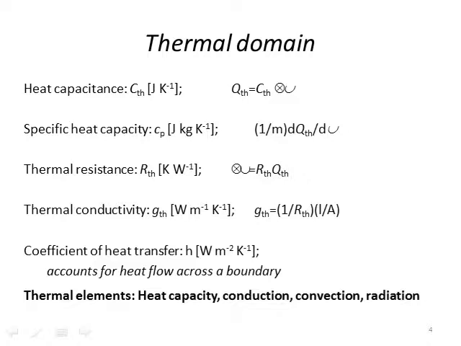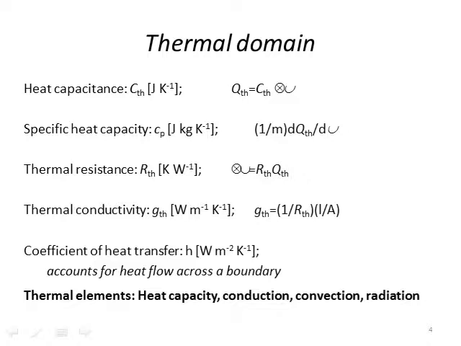So you have joule per kilogram per Kelvin. Thermal resistance, RTH, then the gradient of the temperature is equal to RTH times the heat. And the thermal conductivity, GTH, which is essentially 1 over RTH, the thermal resistance.